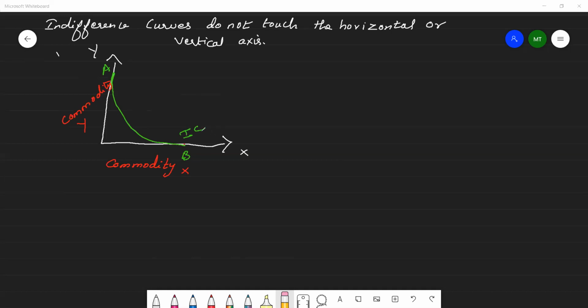If they touch the axis, it violates the basic assumption that the consumer purchases two commodities in a combination. Purchasing only one commodity means monomania.